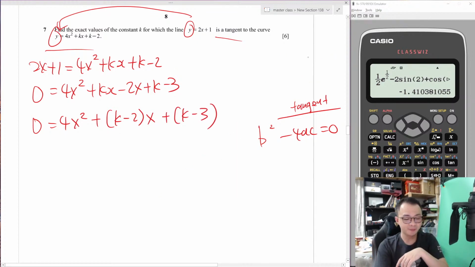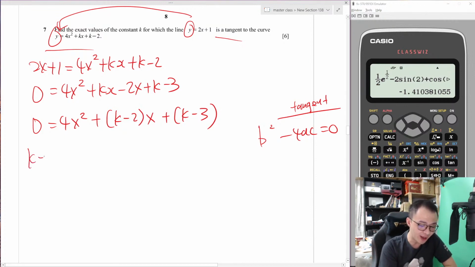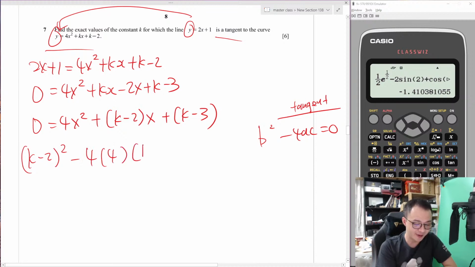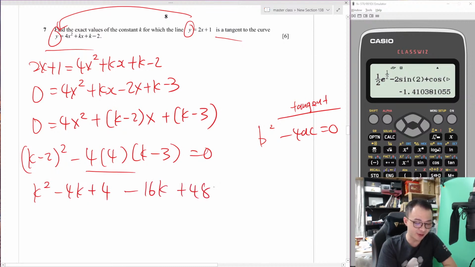Then what I want to do next is b squared minus 4ac after I got my a, b, and c here. So b squared minus 4ac equals 0. Alright, we'll need to solve this equation. Since exact value, I guess later I might need to use the quadratic formula. This is k squared minus 4k plus 4, minus 16k plus 48 equals 0.